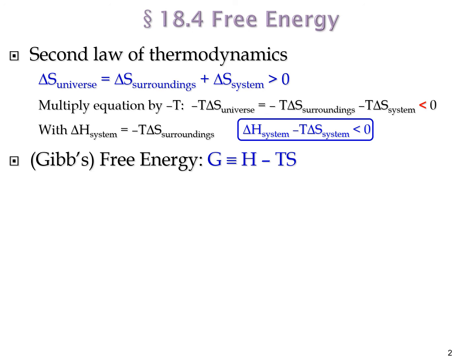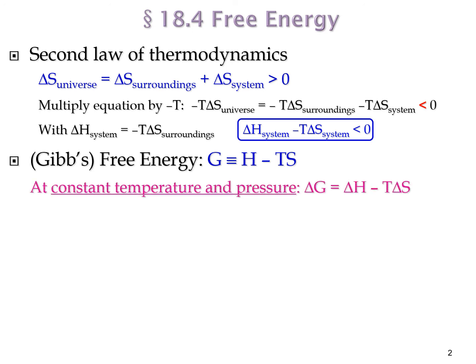So we call this G the Gibbs free energy. It's defined as H minus T times S. Kind of like the definition of delta H with a certain condition, of course, delta G under the condition of constant temperature and pressure is equal to delta H minus T times delta S. I just want you guys to know this.